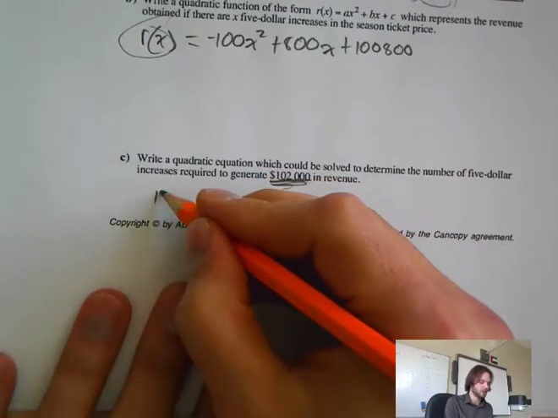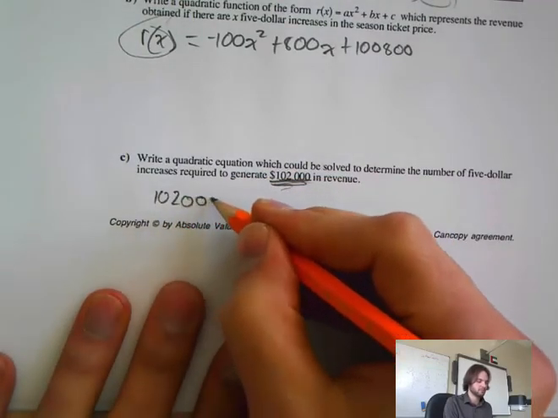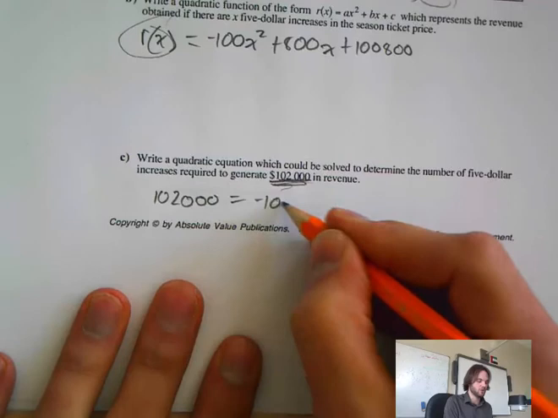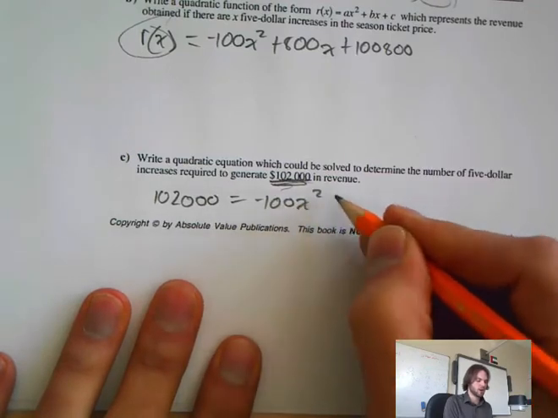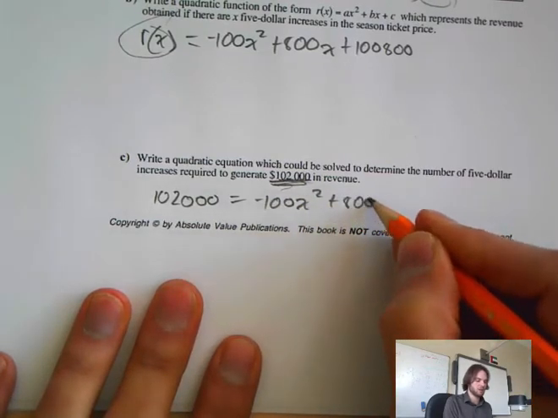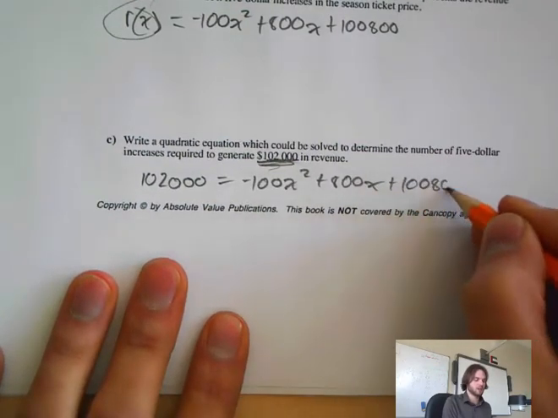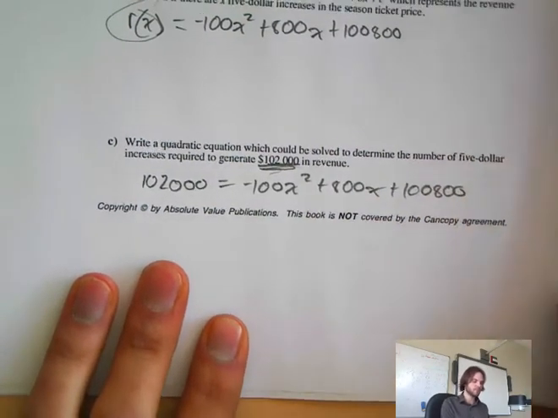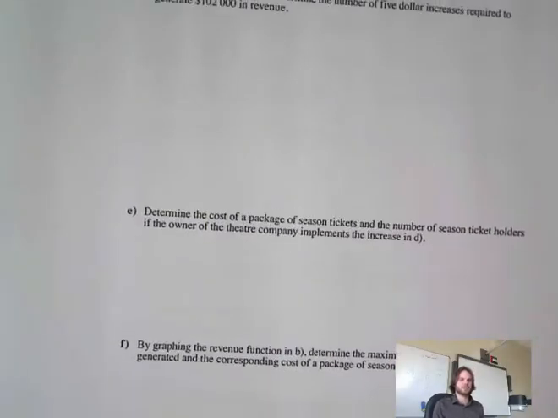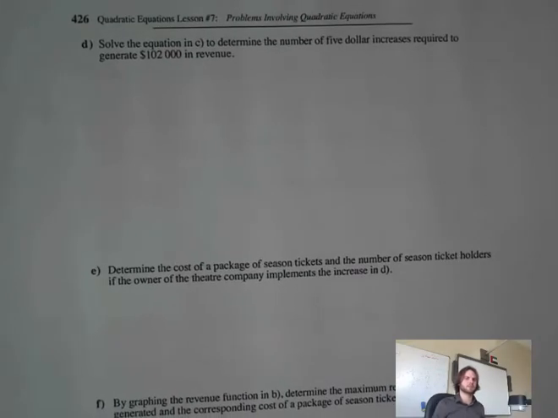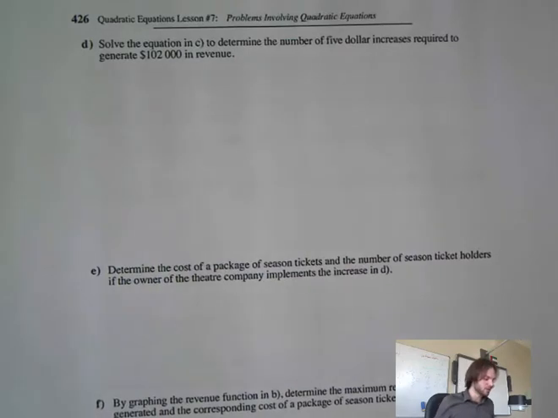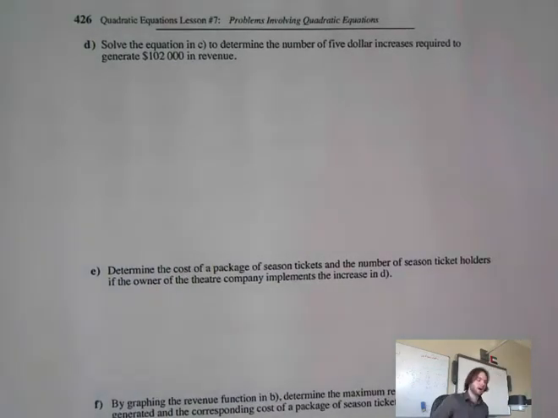So 102,000 must be equal to negative 100x squared plus 800x plus 100,800. Now, let's take a look at D here. D wants us to solve the equation in C to determine the number of $5 increases required to generate that. So we're going to solve that equation now.